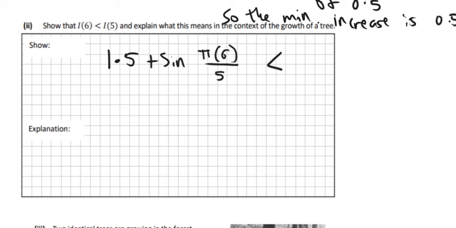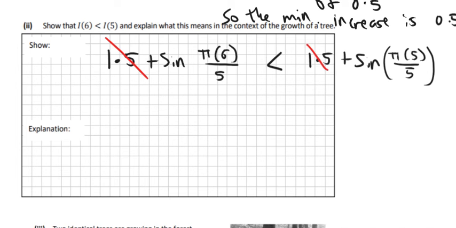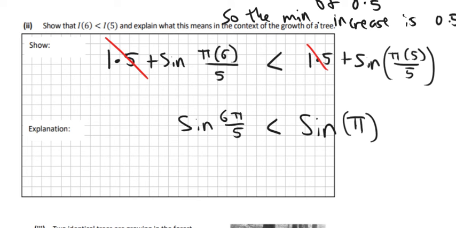So that is less than 1.5 plus sine pi times 5 over 5. Straight away there's a 1.5 on both sides, so they'll cancel out. So we're left with sine of 6 pi over 5 is less than sine of pi, since the 5s cancel out.